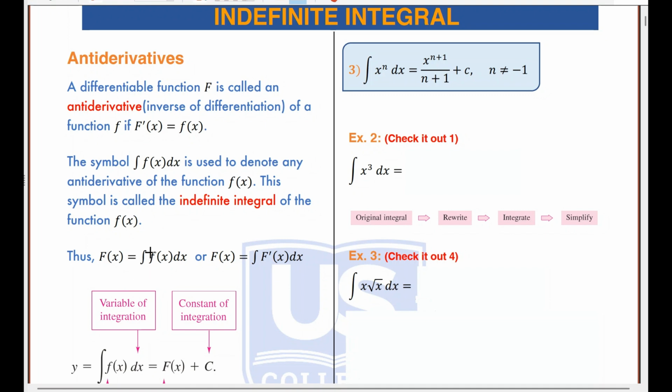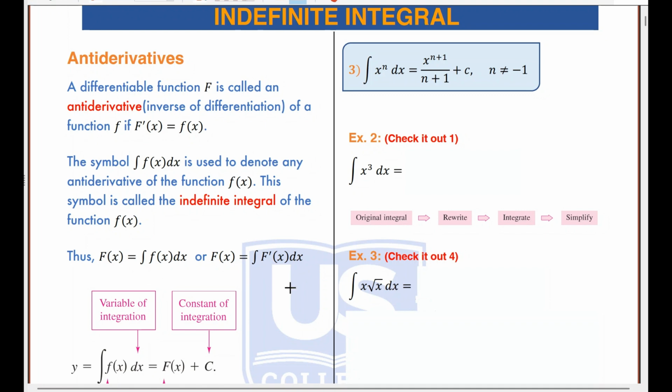So this symbol, f of x dx, is equal to the antiderivative. We always have this symbol with dx. They are together, inseparable. It also means this little f is represented by F prime, the uppercase letter F prime. This is the same.